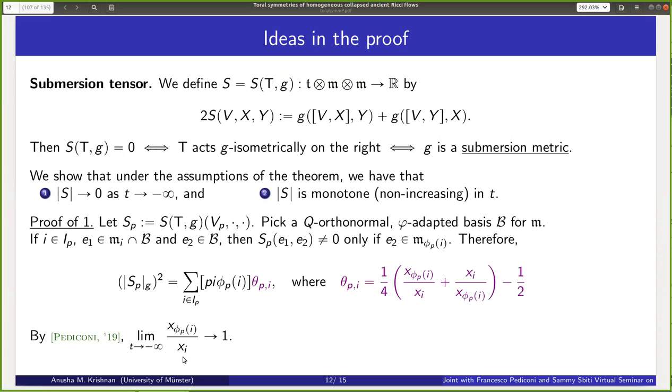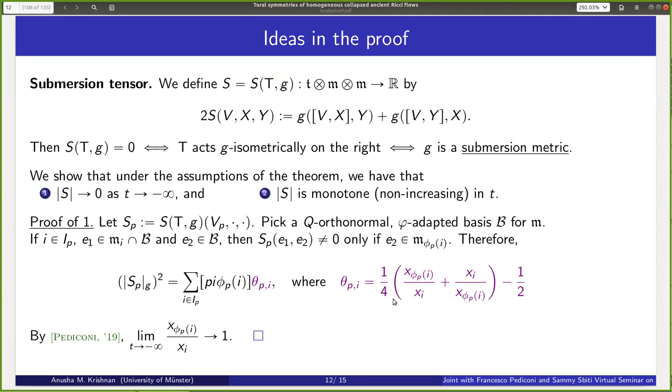So you should think of this as the modules that are intertwined by the ad V_P action: the metric on them is asymptotically becoming more and more equal. Now it's clear from this expression for theta_pi that this result of Pediconi implies that asymptotically the norm of S_P is going to 0. So that is part 1.